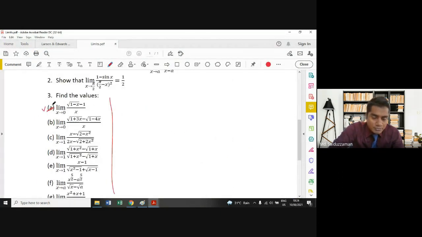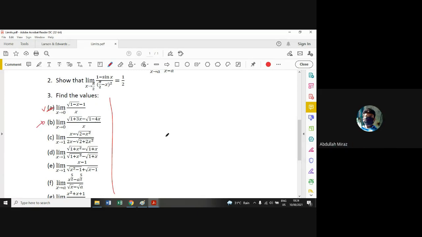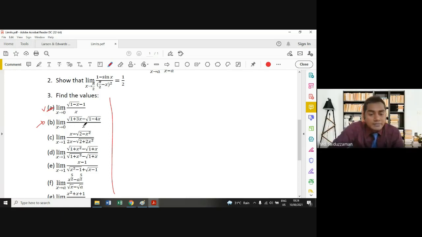The first one is already done. Second one is possible. Just think about this. At first I'll multiply square root of 1 plus 3x plus this root over 1 minus 4x, right? Divided by x into this. So this one is possible.